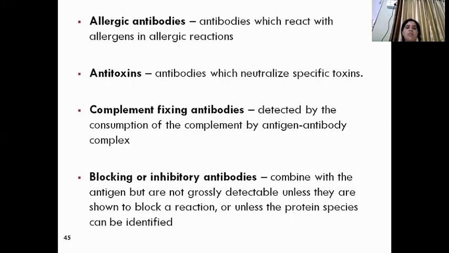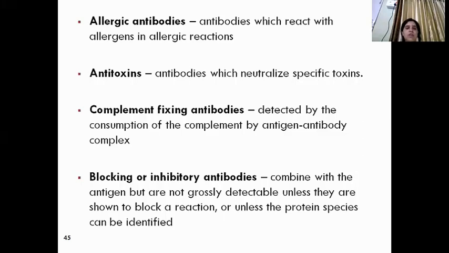There you will come to know what types of antigen antibody reactions take place, and whatever antigens or antibodies participate, those belong to this class. For example, if a particular antigen and antibody are taking part in a precipitation reaction, then that particular antibody will be called a precipitin.